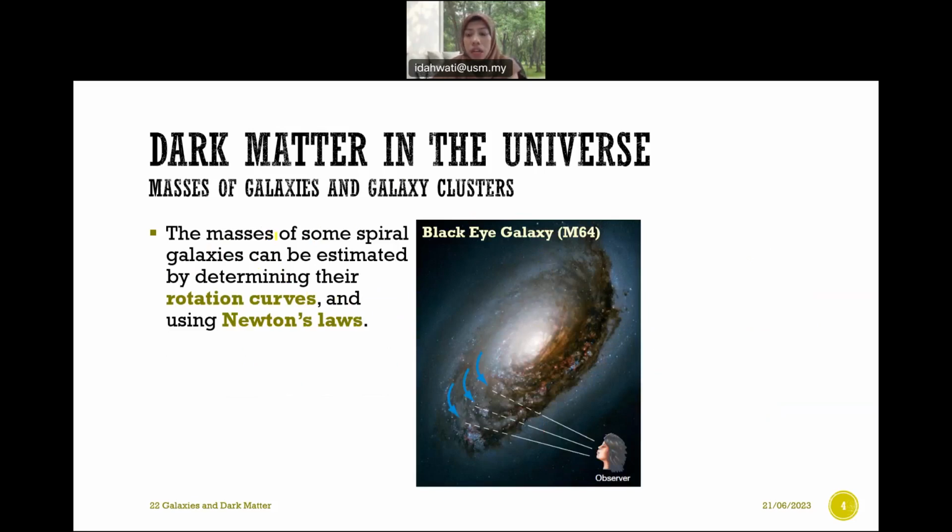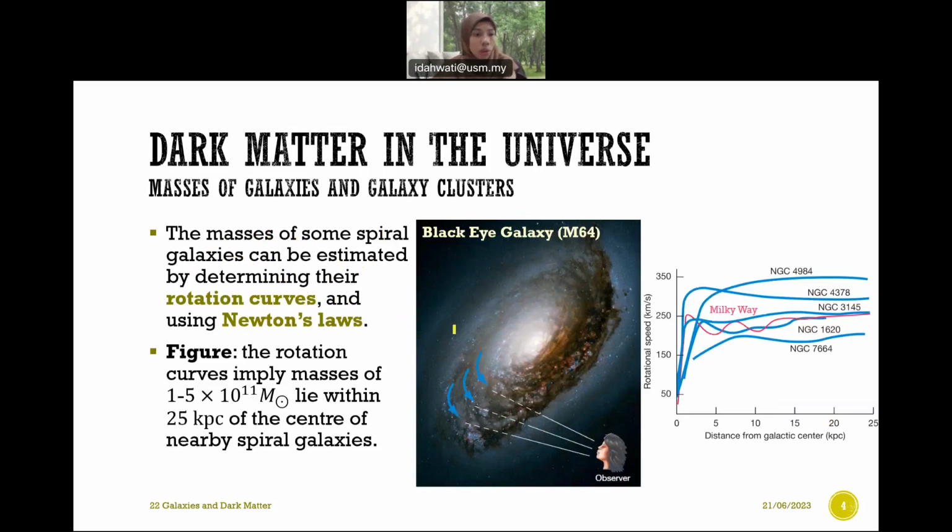The masses of some spiral galaxies can be estimated by determining their rotation curve and using Newton's law. The figure shows the rotation curve, implying the mass lying within 25 kiloparsecs of the center of a nearby spiral galaxy.